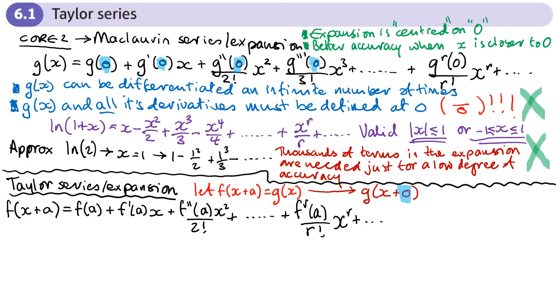Now we can get a second form of this expansion by replacing the x in the first expansion with x minus a. So we're going to be replacing x in this first expansion with x minus a.